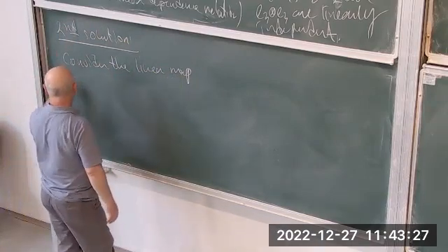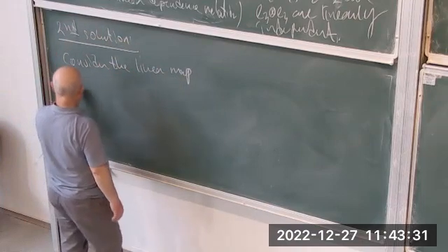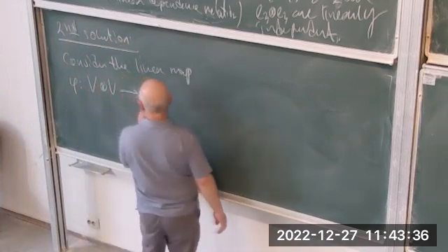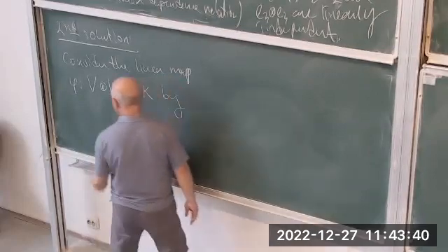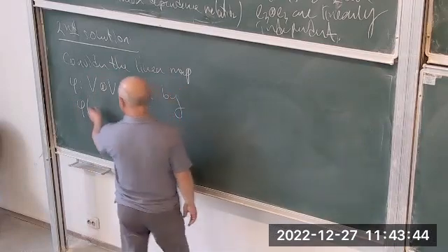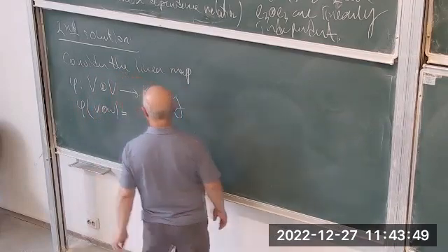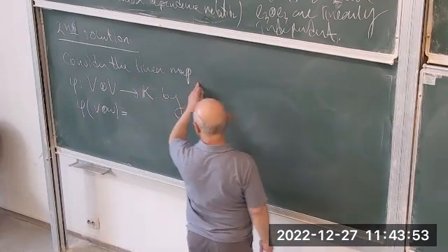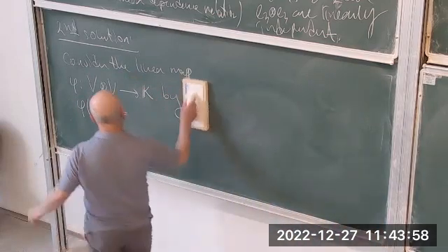Let's say phi from V tensor V into K by this formula. So on a product like this, v tensor w, considering the linear map. Okay.